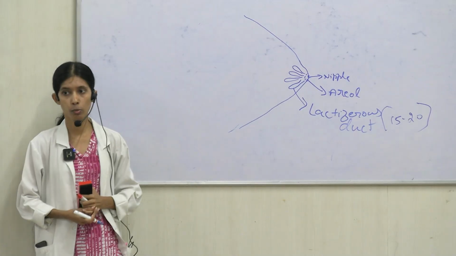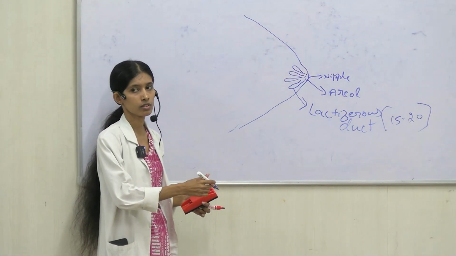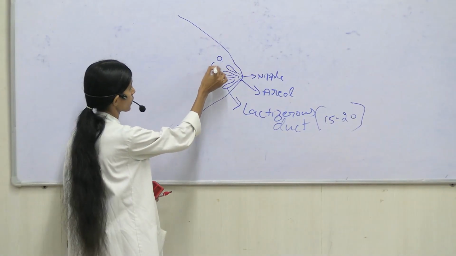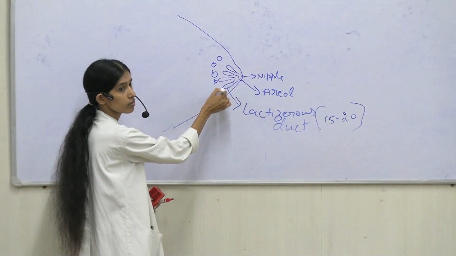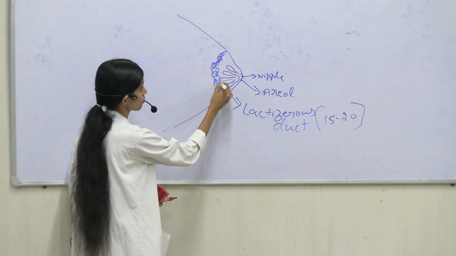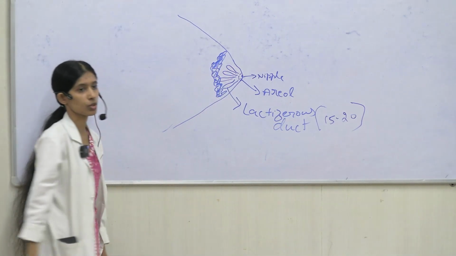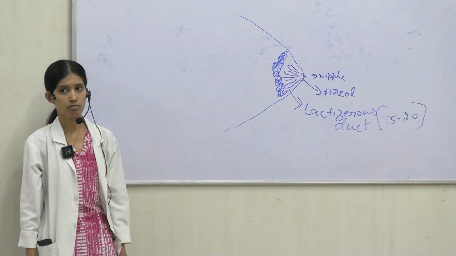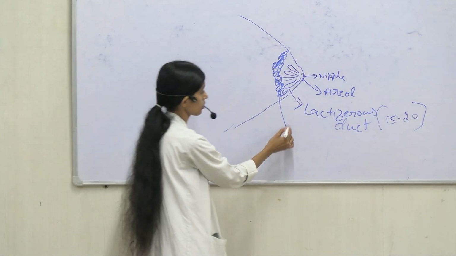Lobes. Lobes of? Can I draw it like this? Is it okay? Then what is this structure?